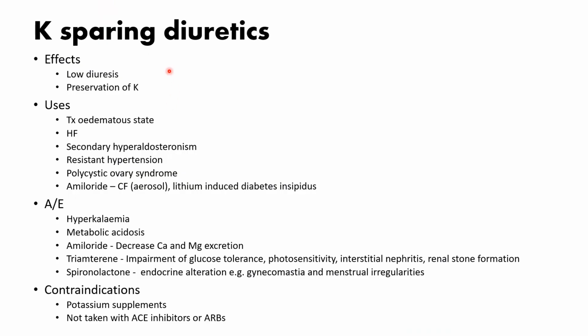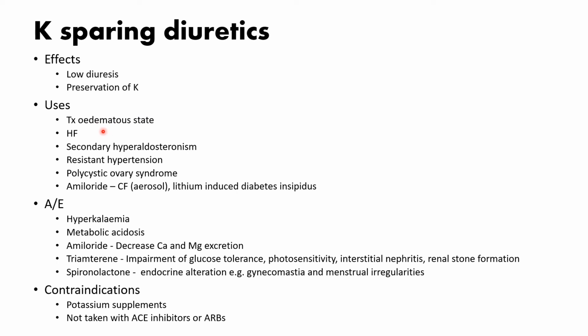Alright guys, so let's wrap up our discussion about potassium-sparing diuretics. As I said in the previous slide, they are low-ceiling diuretics, so they are not as potent as our thiazides and our loop diuretics. They encourage the preservation of potassium ions, again in contrast with thiazides and loop diuretics that get rid of the potassium ions. So a common use is to treat edema.